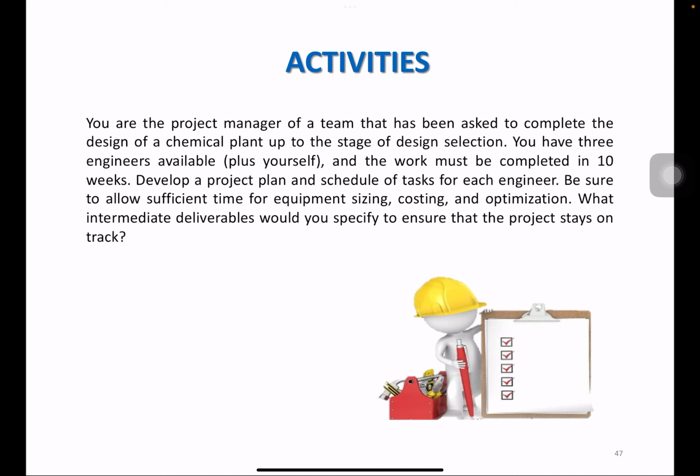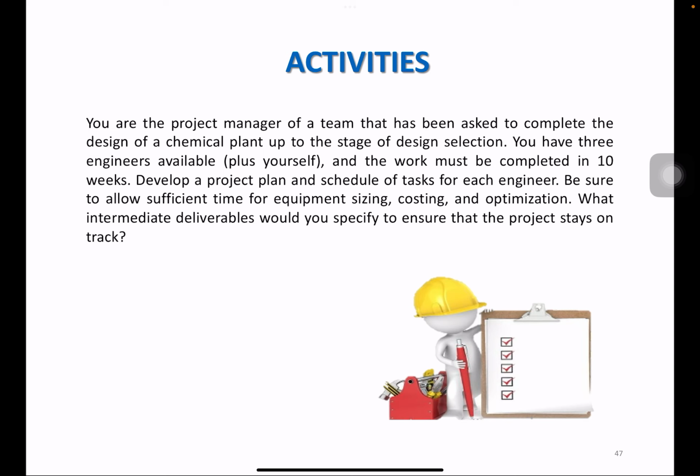You have 3 engineers available including yourself, and the work must be completed in 10 weeks. Develop a project plan and schedule of tasks for each engineer. Be sure to allow sufficient time for equipment sizing, costing, and optimization. What intermediate deliverables would you specify to ensure that the project stays on track?